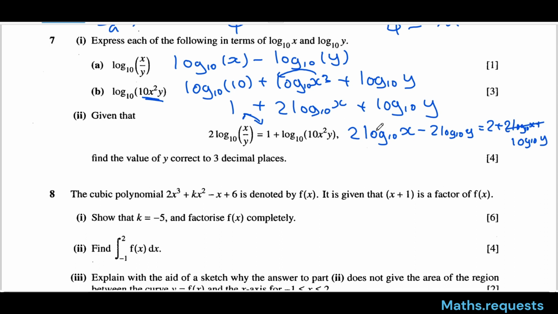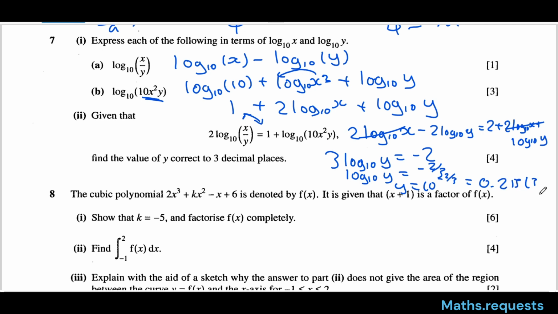We know that the 2 log 10 x is cancelled out. And then we can rearrange to say that 3 log 10 y equals minus 2. So log 10 y equals minus 2 over 3. So y equals 10 to the power of minus 2 over 3, which is approximately 0.215. And we give that to 3 decimal places.